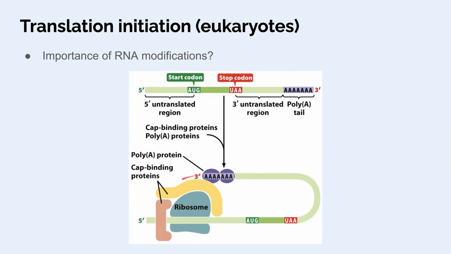So in a eukaryotic gene, in order for translation to begin, all of this has to come together. The cap binding protein refers to the 5' cap, and the poly A proteins are attaching to the poly A tail. Those structures on the RNA need to be there for translation to be successful.